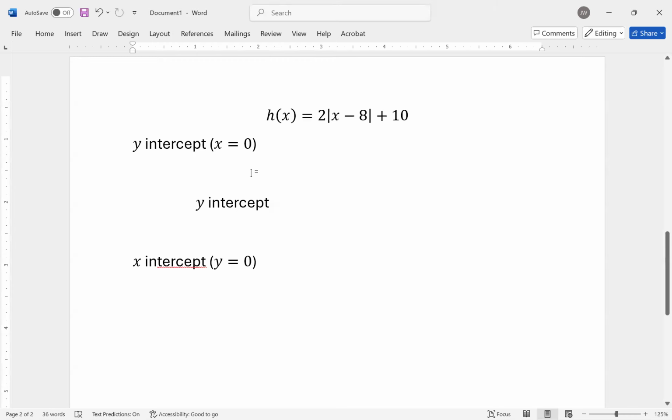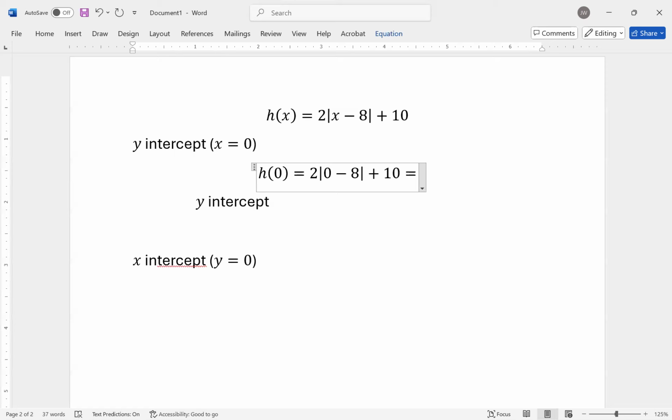All right, so to find the y-intercept, we simply plug in 0 into the function and we find the corresponding output with input of 0. So we plug in 0 for x and then we find the y value, which is the output. So 2 times the absolute value of 0 minus 8 plus 10.